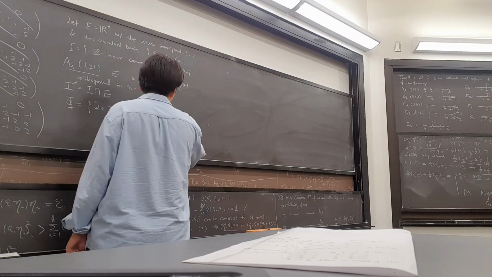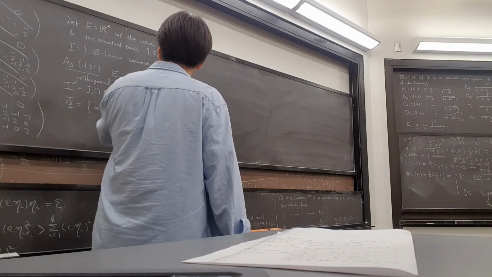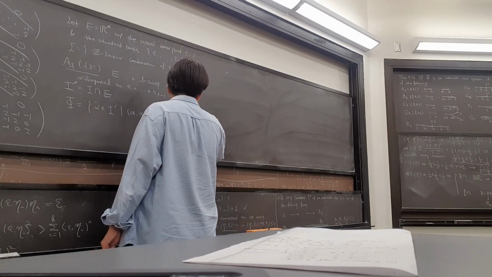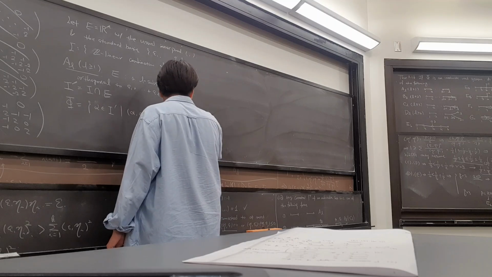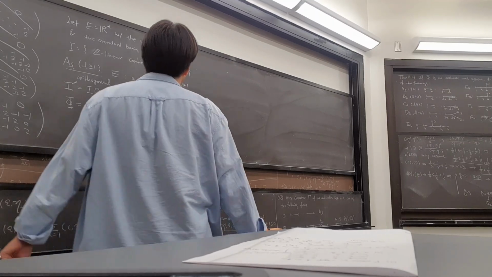And we can easily check that, yeah, this is the length 2, so there are elements like this.